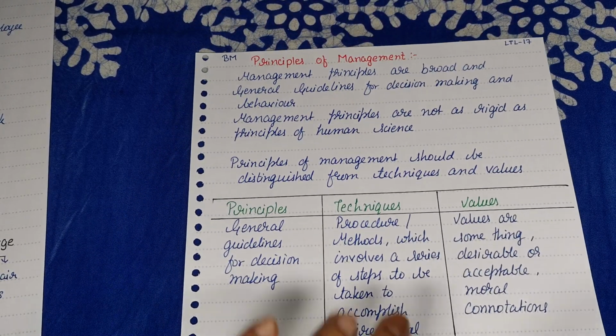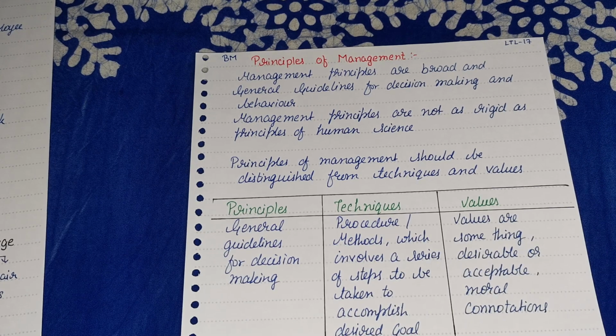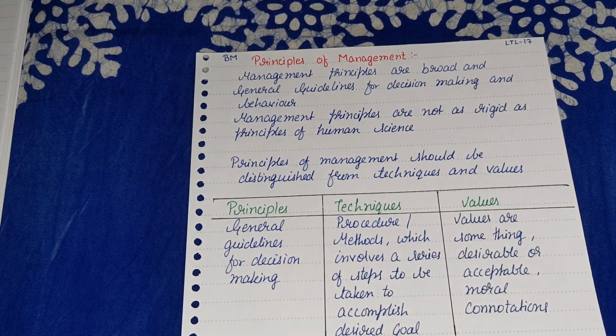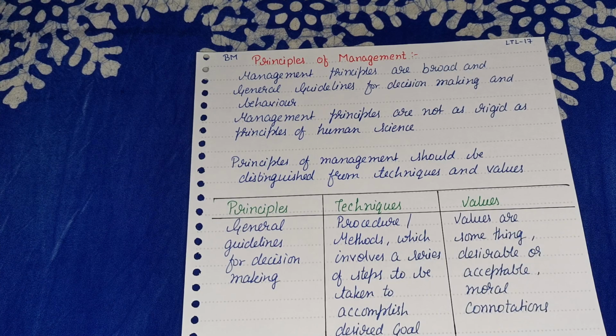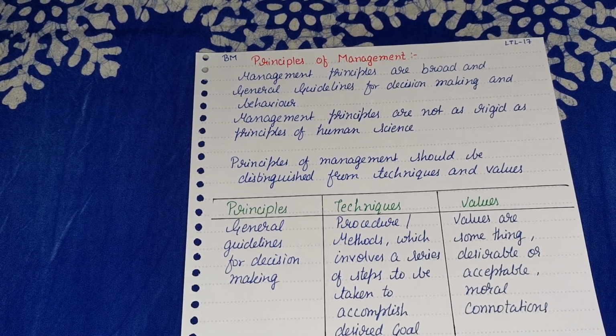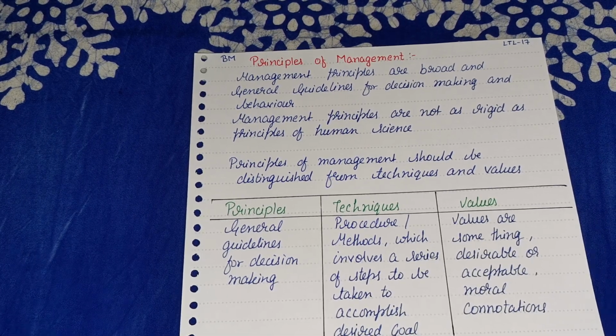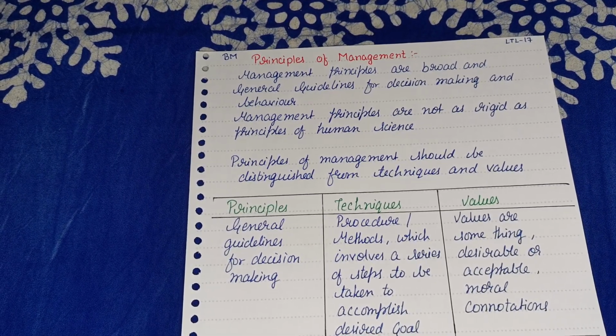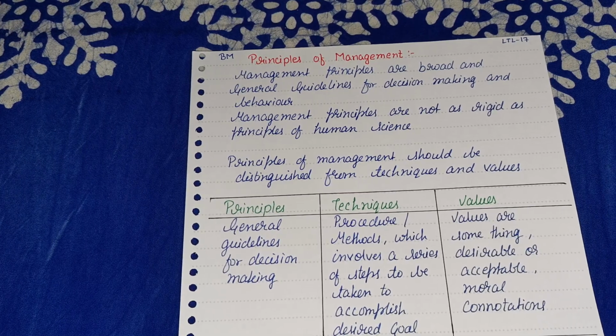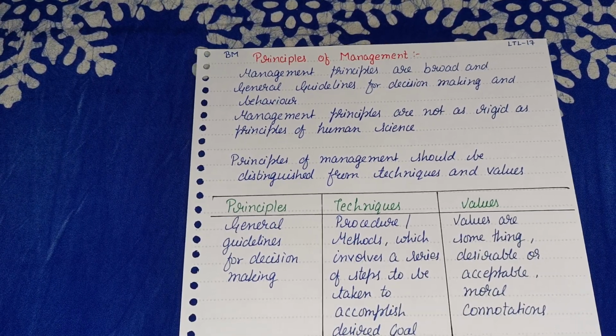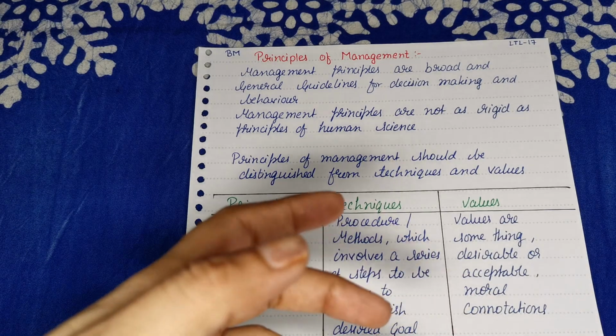Management principles are a bit different from scientific principles, because scientific principles are universally applicable and can be repeated again and again. These are like experiments, like the law of gravity, which will work every time. But principles of management are basically guiding principles.